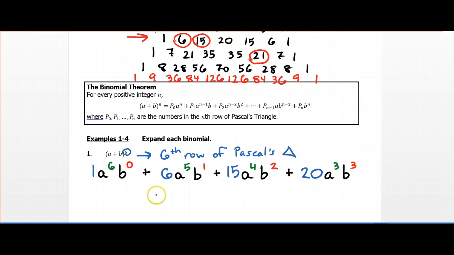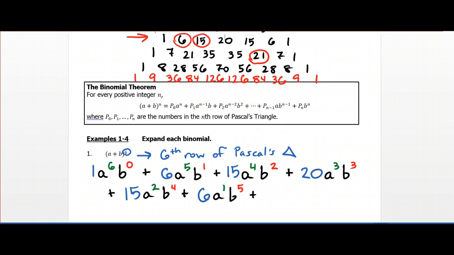Okay, the next term, this will be my fifth term. Now I'm to the 15 again. So another 15, a to the second power, b to the fourth power, and then next we have 6, a to the first power, b to the fifth power, and then lastly we end with a 1 again.